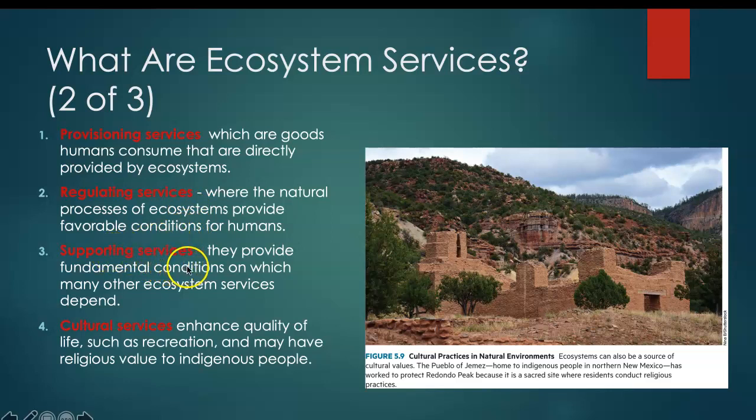Supporting services like soil formation. Cultural services. One example would be like this: people come here to worship, and that is not measured by money, but that is of tremendous religious significance.